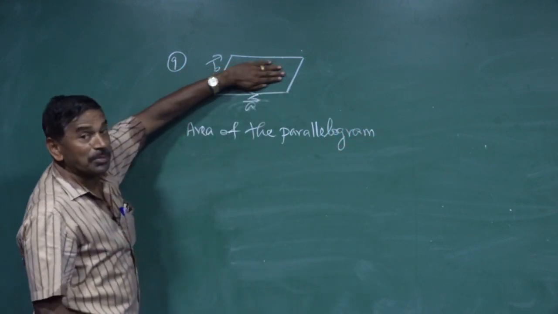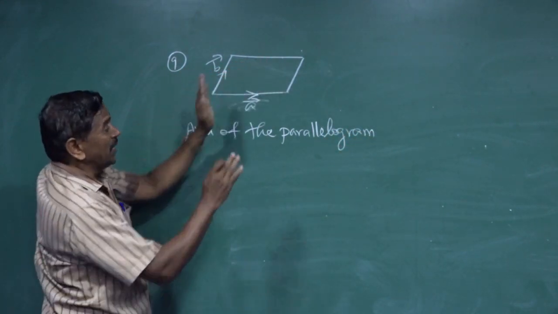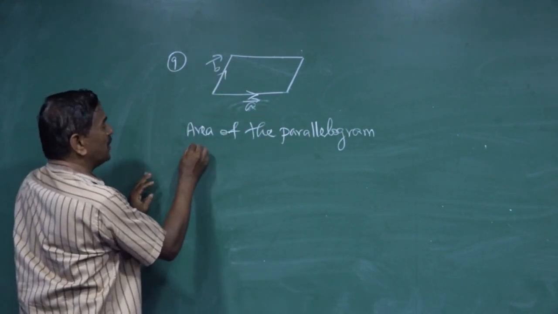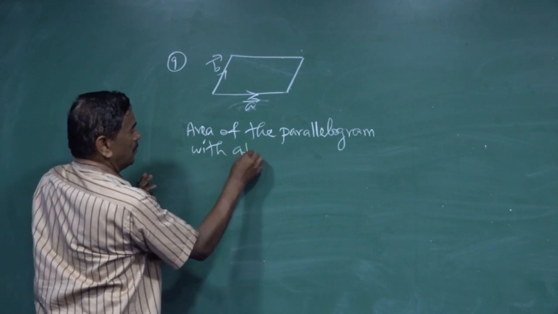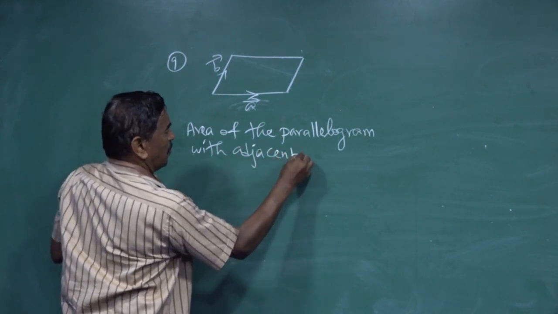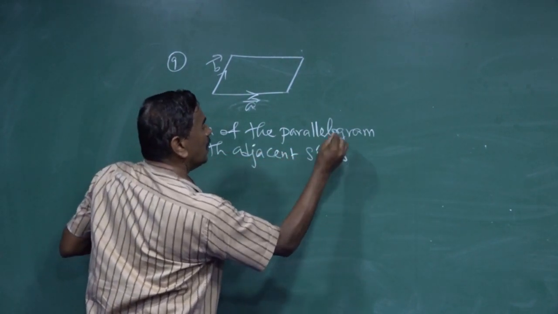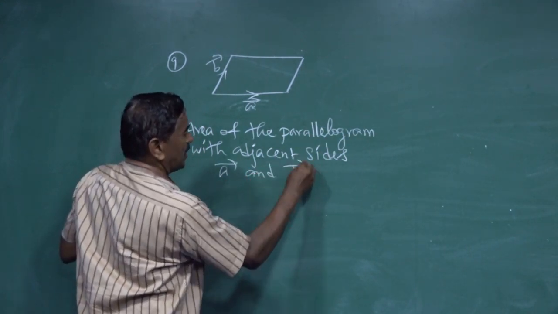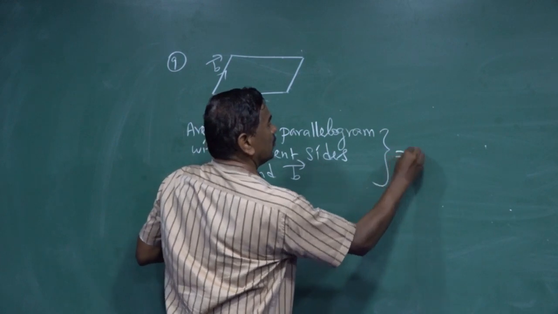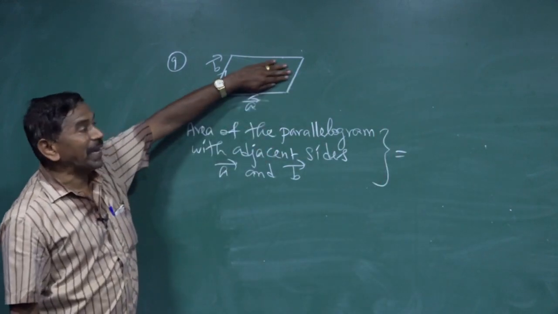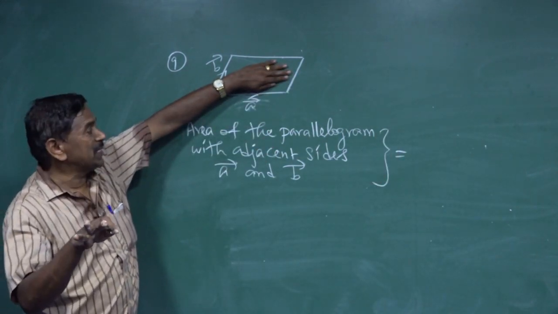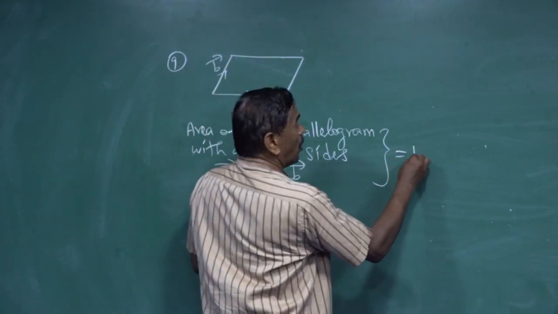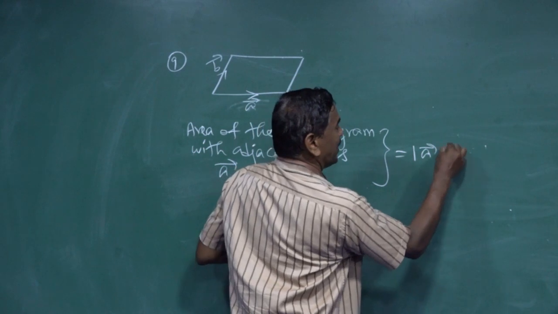Okay, area of the parallelogram with adjacent sides A vector and B vector is given by the formula modulus A vector cross B vector.